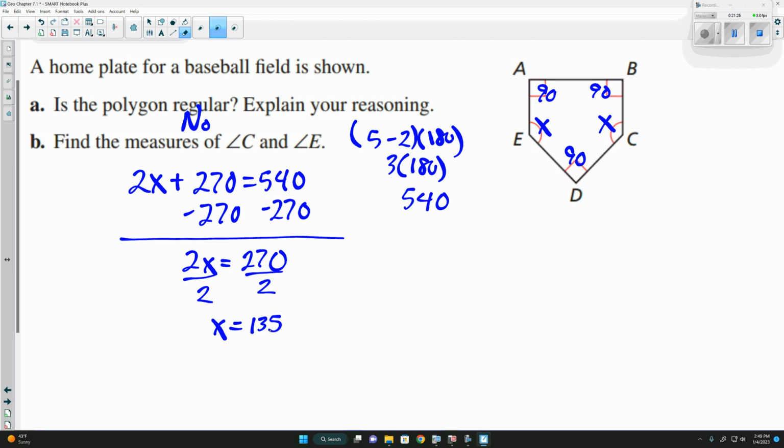The measure of angles C and E are 135 each, and we know they're the same because they tell us they are. The little red circles or arcs tell us those two angles are congruent. Questions on this here? Questions on any of this so far?